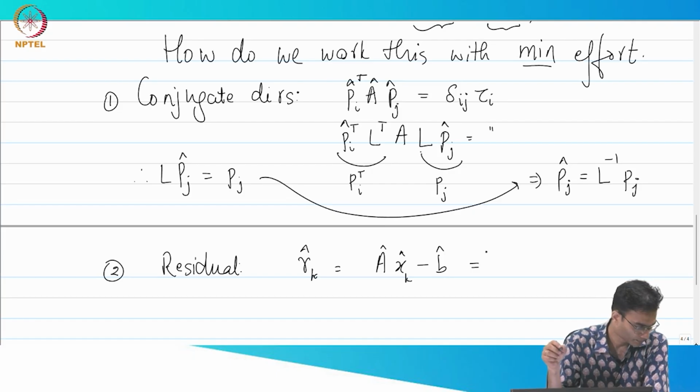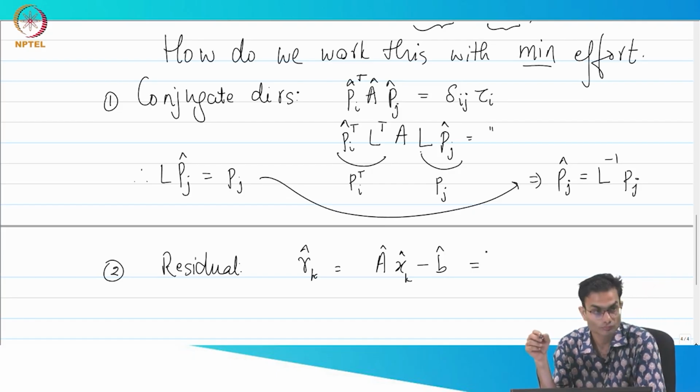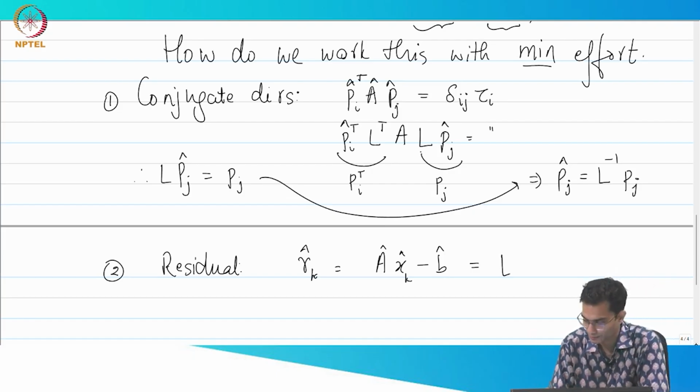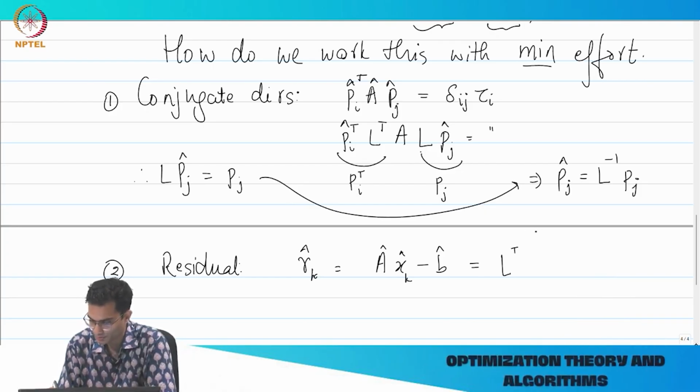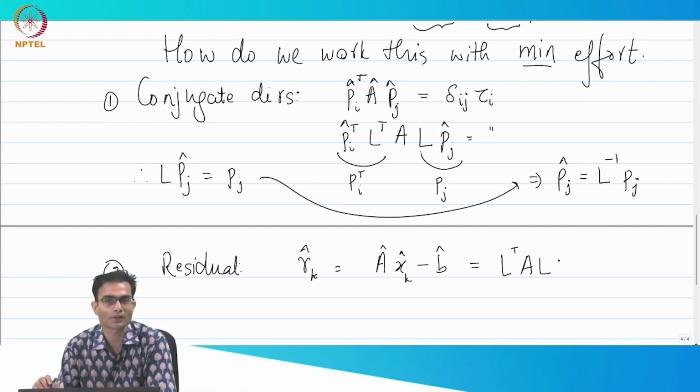What should this be? Exactly, right. Maybe we should just write it out more explicitly. So this is L transpose AL. X hat was what? Look back at your notes.